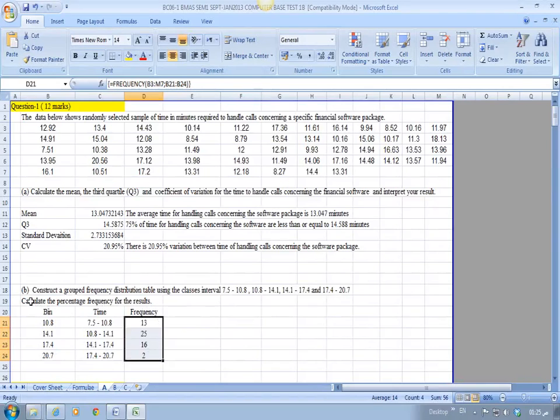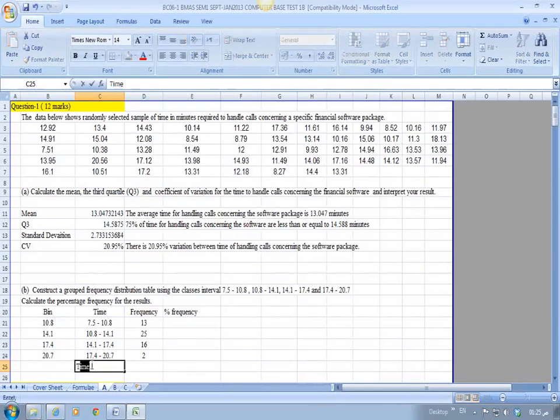The next is to also calculate the percent frequency for the result. So here is the required percent frequency. Percent frequency is normally the frequency divided by the total. Here we write the total. We need the total for all the frequencies.